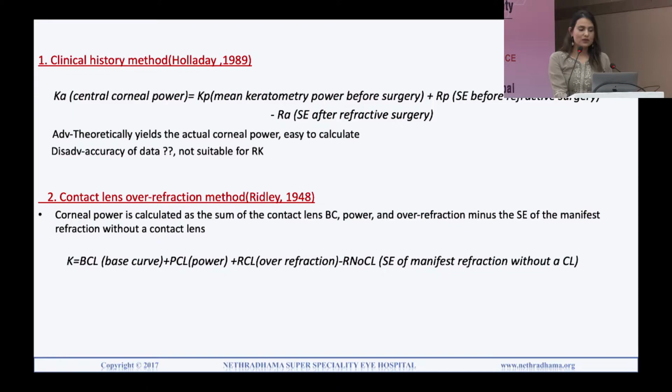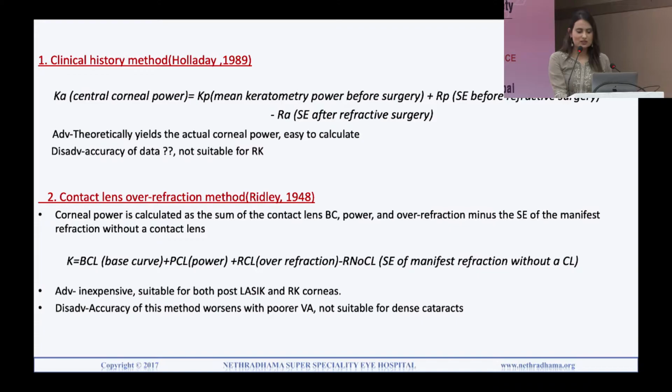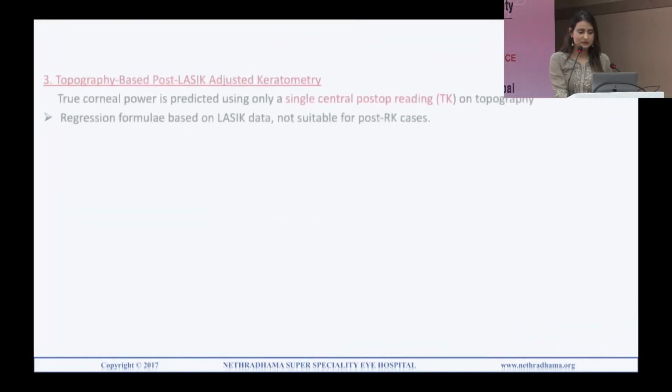Then you have the contact lens over-refraction method, wherein the power is calculated as the contact lens base power plus the power of the contact lens and over-refraction, minus the spherical equivalent of the manifest refraction without a contact lens. This is a widely used, inexpensive method. However, accuracy worsens with poorer visual acuity, and hence it is not suitable for denser cataracts.